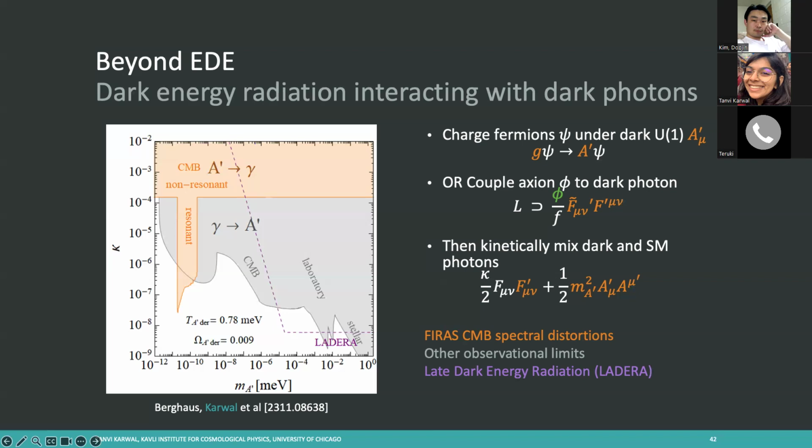So these sorts of dark energy radiation models written by my collaborator, Kim Berghaus, actually inspired this experiment, which is our best bet of being able to see this. It's called the Late Dark Energy Radiation Experiment, LEDERA. It's at JPL. And that has some limits on this cross-section of kinetically mixing with standard model photons for certain masses of our dark photons, which is really cool.